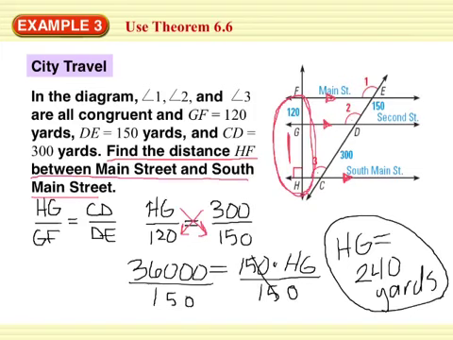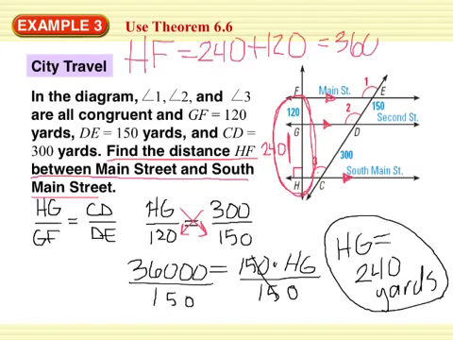Okay, and we found this distance. So HF is 240 yards plus 120 yards, which is 360 yards. We almost got that one wrong because we didn't reread the problem and make sure we were answering it correctly. Yikes.